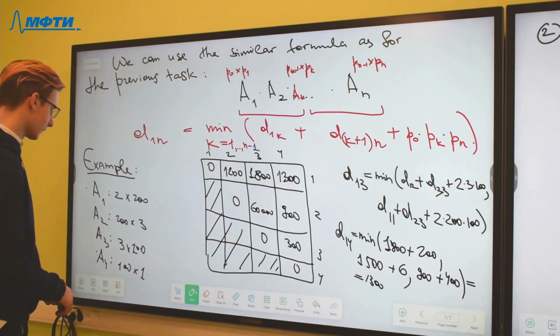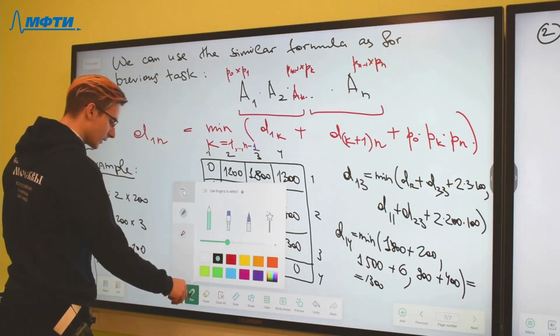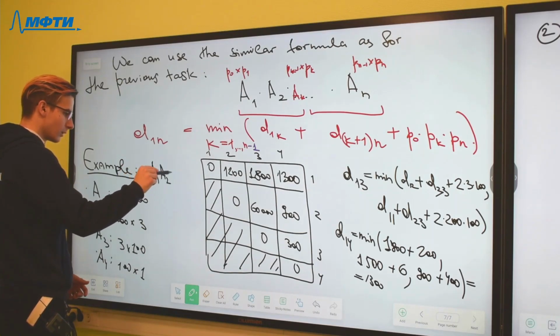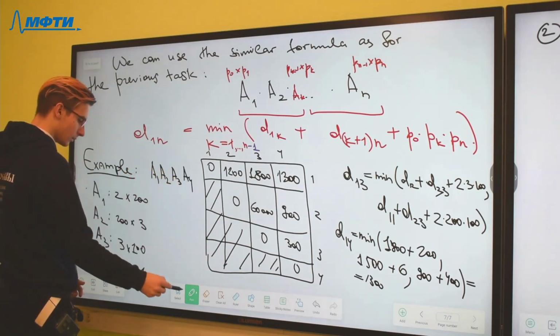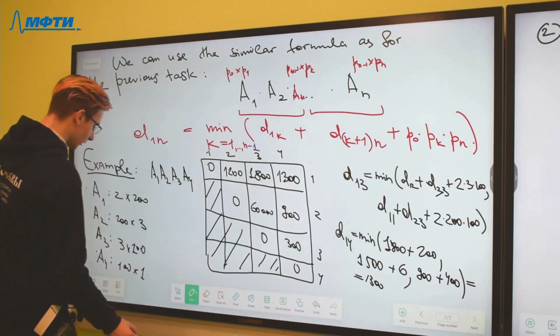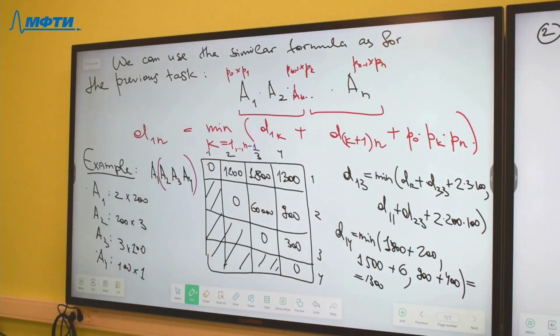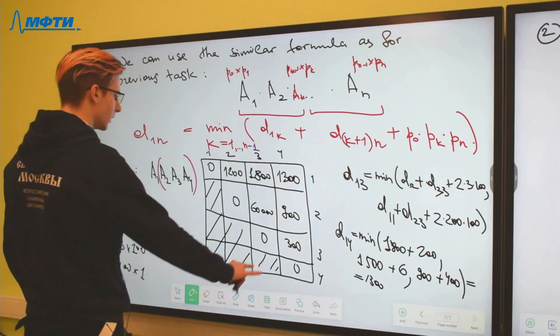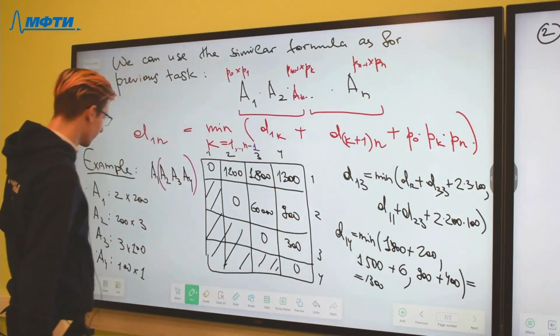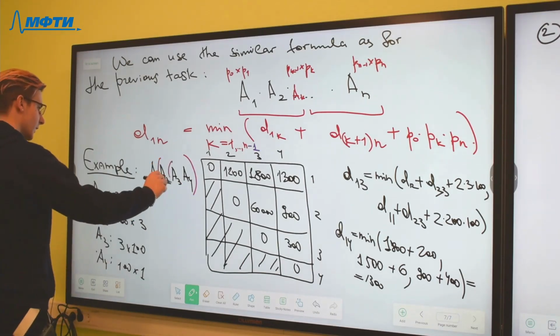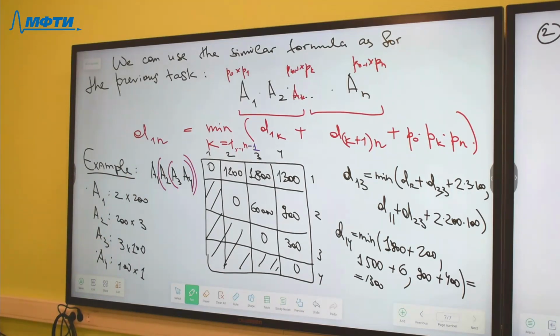Yeah. So we see that in this case, it is better to set the parentheses here, and to find 2,4 we firstly multiply these two matrices and these matrices.